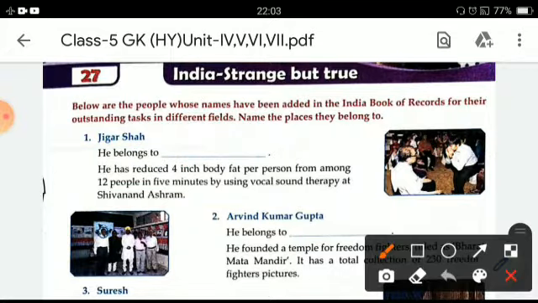Arvind Kumar Gupta. He founded a temple for freedom fighters titled Bharat Mata Mandir. It has a total collection of 230 freedom fighter pictures. He belongs to Delhi.